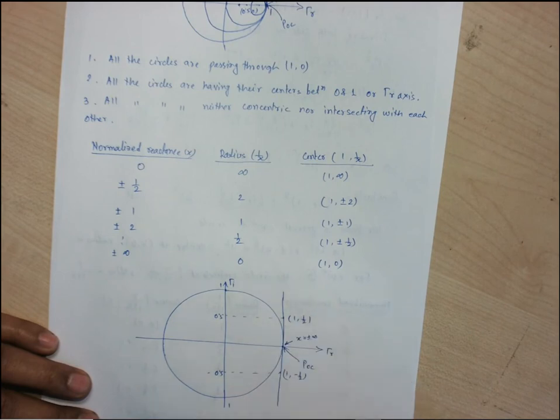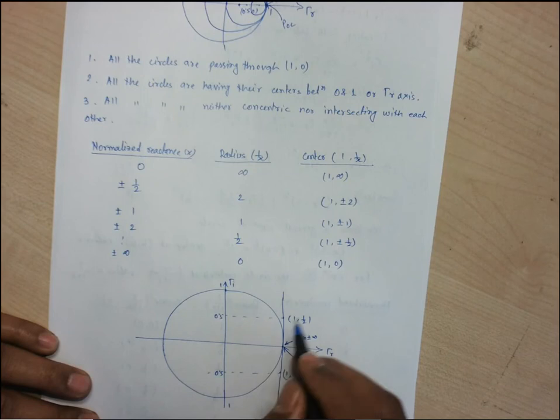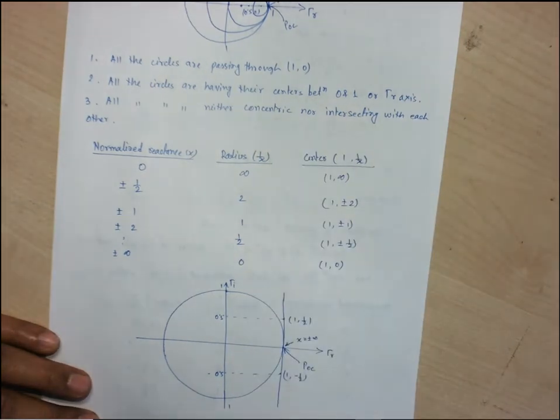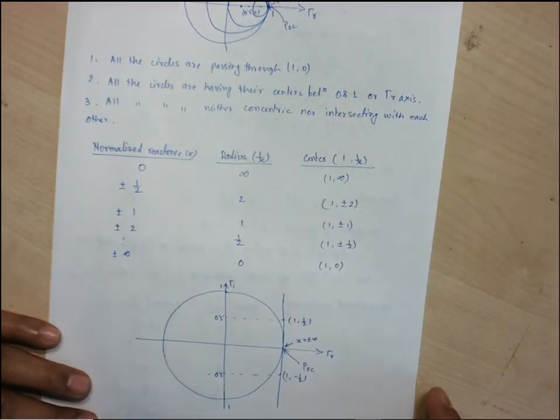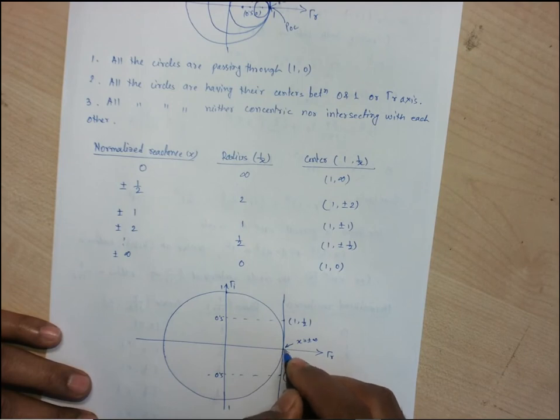Whatever circle we draw, the circle will go through this point, right? This upper circle as well as this lower circle will go through this point. So we have two different circles, one on the upper side and one on the lower side.